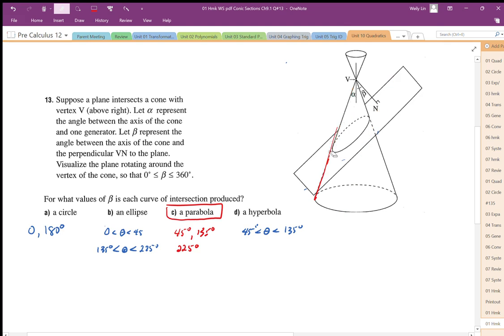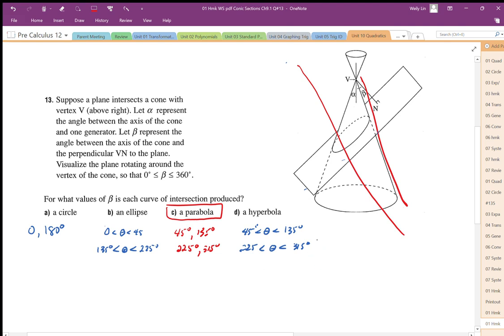And then as we go past that 225 degrees to the next parabola section, which would be at 315 degrees, we're going to end up with our hyperbola. And then 315 degrees is cutting at this angle parallel to this edge. That gives us our parabola again.